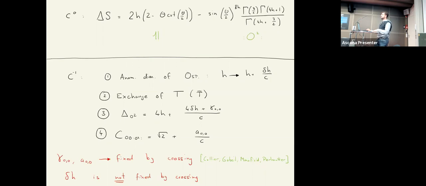Joe? Yeah, you mentioned it, but let me insist. Is it clear that this is the right way to compute the second order? Aren't you neglecting some interference?